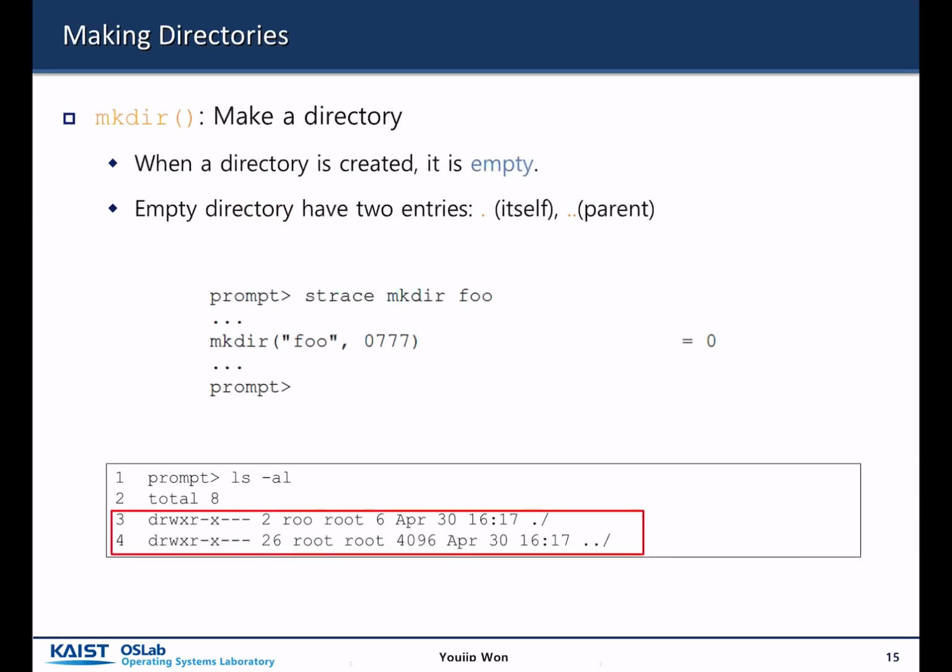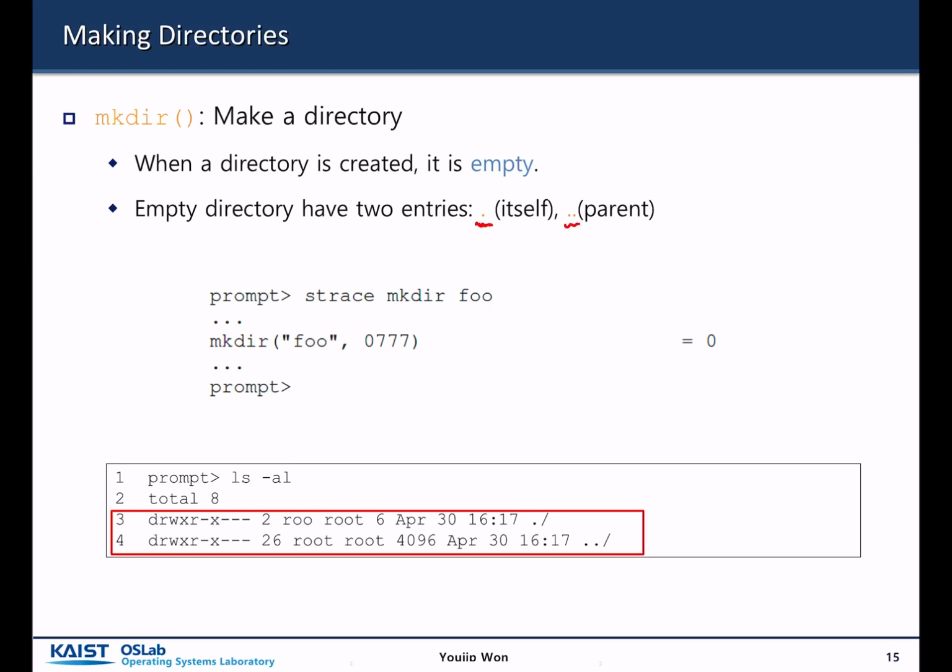For directories, there is a function called mkdir. It's a function for making, creating a directory. When a directory is first created, it is empty with 2 entries: the current directory and the parent directory.